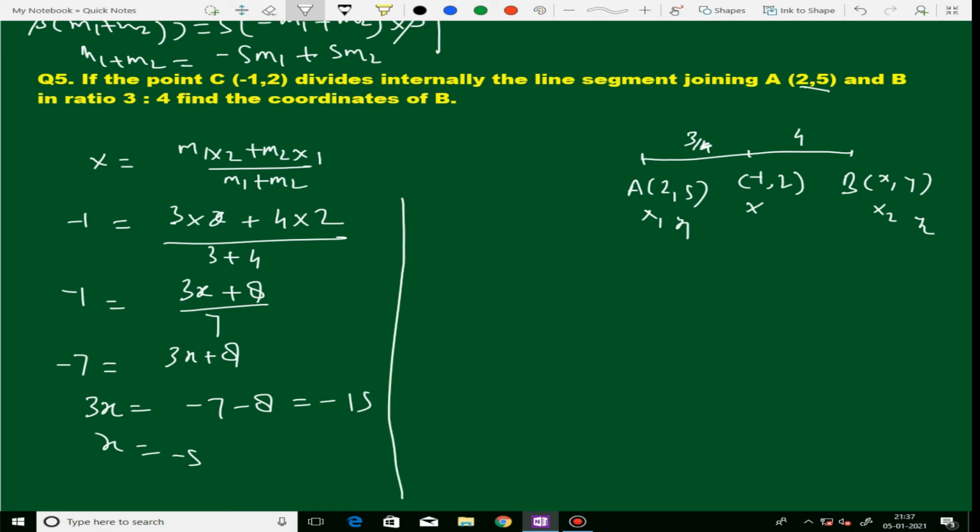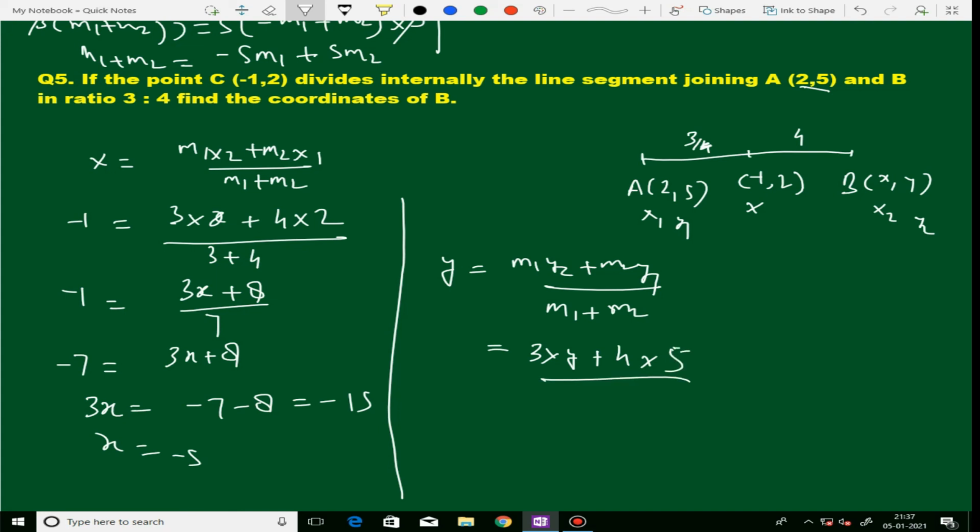Now y coordinate is (m1 y2 plus m2 y1) upon (m1 plus m2). So m1 is 3 and y2 is y, plus m2 is 4 and y1 is 5, upon m1 plus m2, so this is 3 plus 4. Y coordinate is given 2. So 2 equal to (3y plus 20) upon 7.